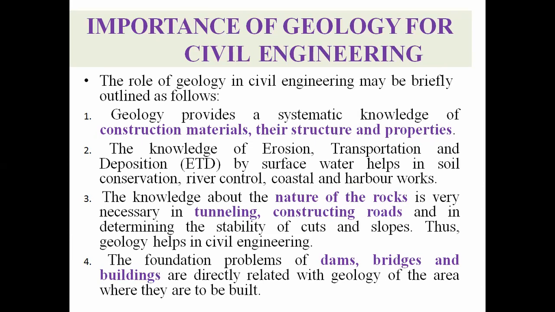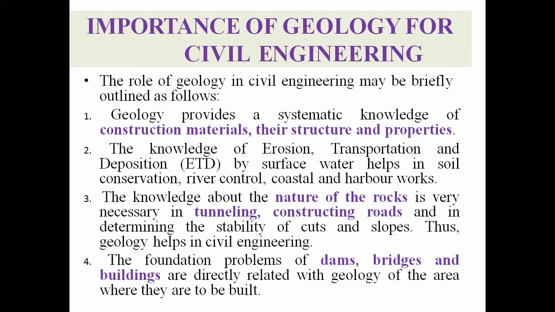Okay, such a type of erosion, transportation, and deposition process is continuously going on in nature. For example, when we talk about river action, rivers are generally going through these three stages, that is erosion, transportation, and deposition.